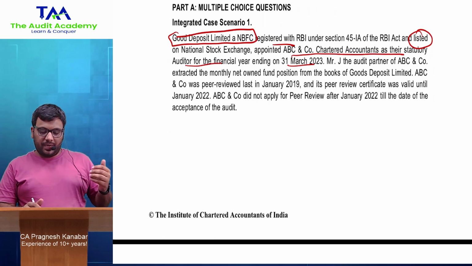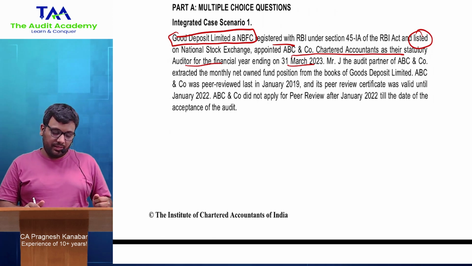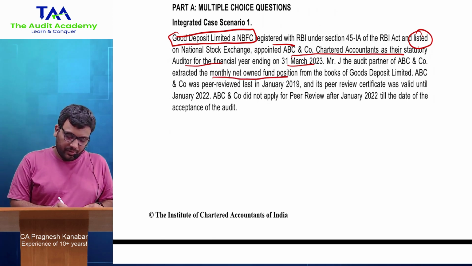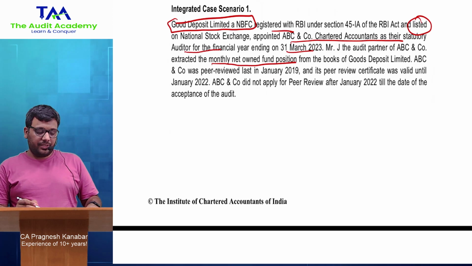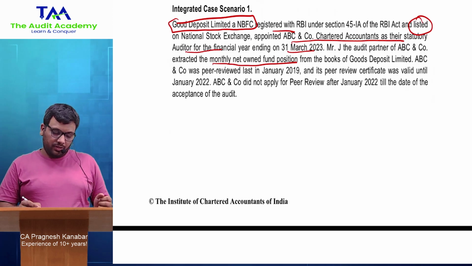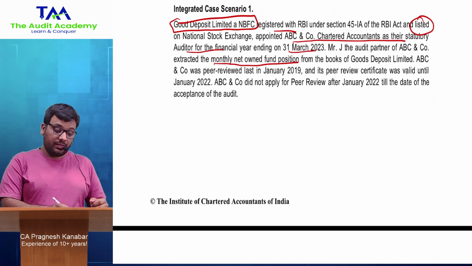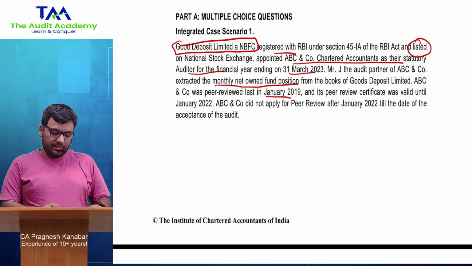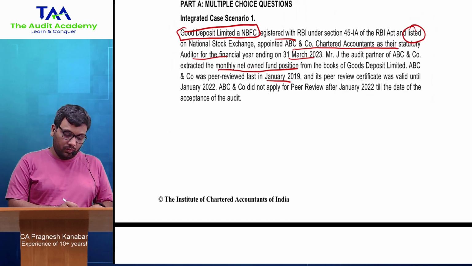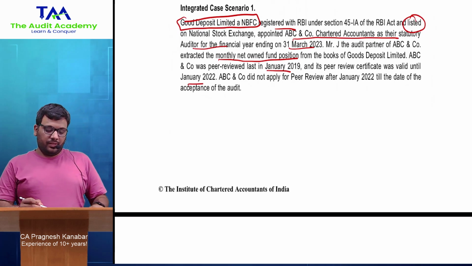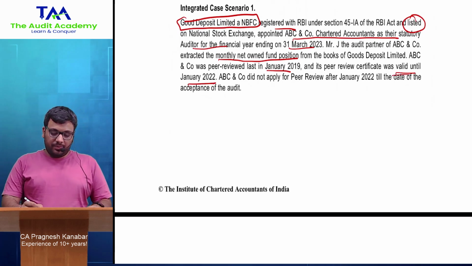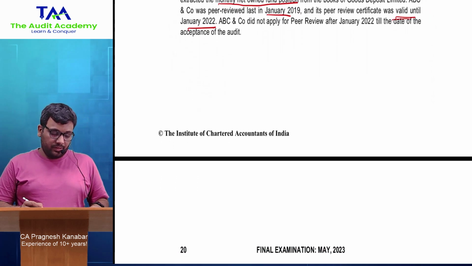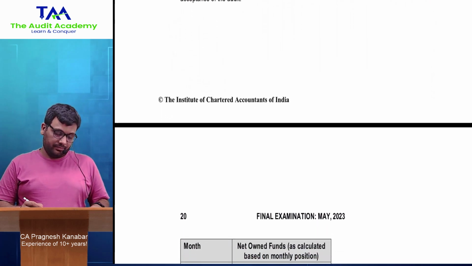Mr. J, the audit partner of ABC and Company, extracted monthly net owned fund position from the books of Good Deposit Limited. ABC and Company was peer reviewed last in January 2019, and its peer review certificate was valid until January 2022. ABC and Company did not apply for peer review after January 2022 till the date of acceptance of audit.